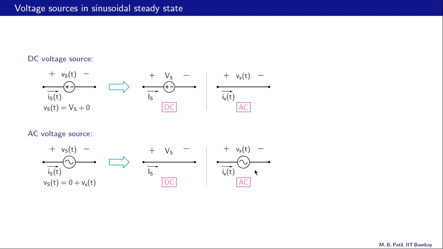So the AC circuit is simply a voltage source, an AC source, and the DC circuit is a short circuit. Once again, the DC current is shown in the DC circuit, capital I sub capital S, and the AC or the sinusoidal current is shown in the AC circuit, small i sub small s.